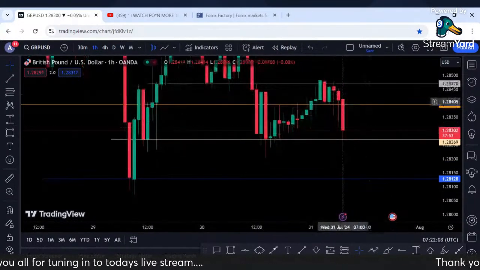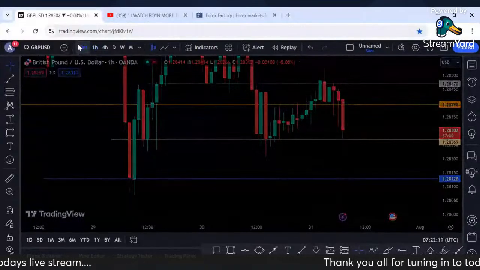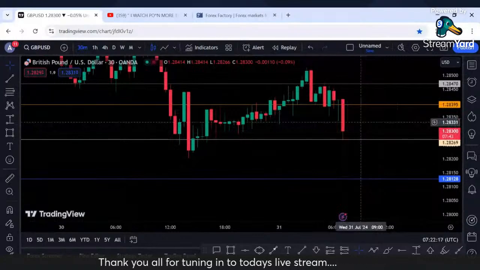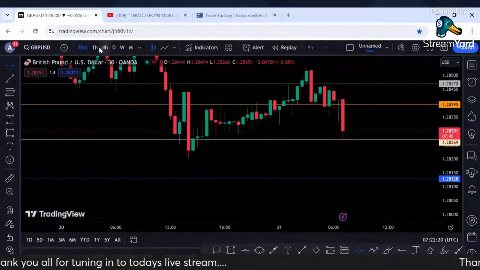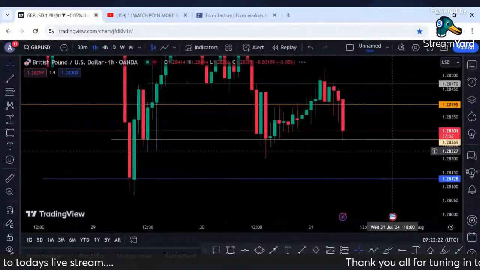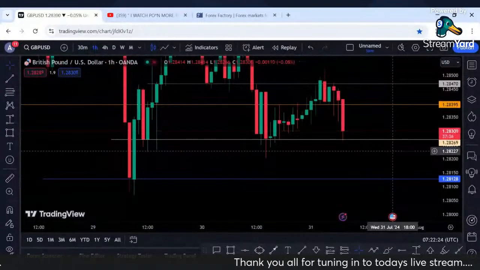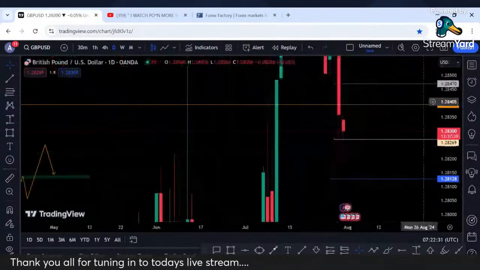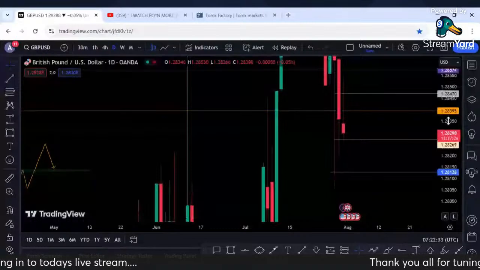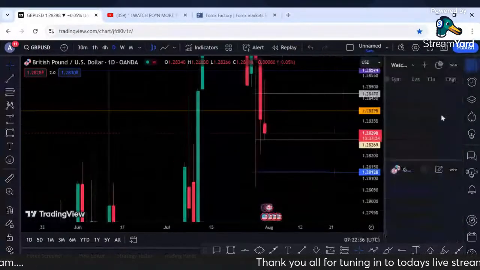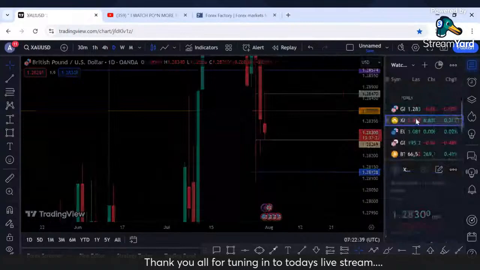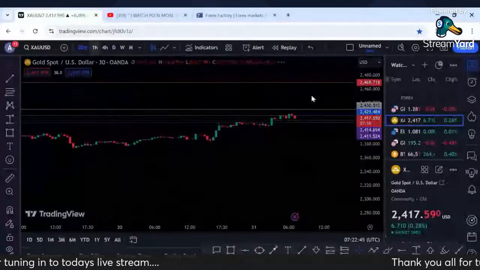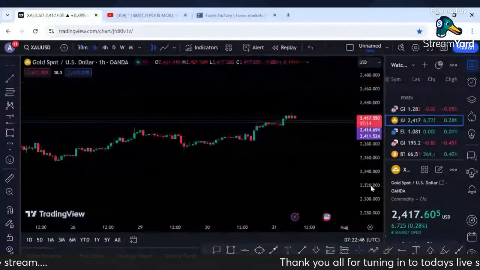I'm still thinking it might move up, it might come back. So let's see the 30 minutes. When the 30-minute candle closes, the possibility that this candle will move up is very high. So gold is doing what gold does.